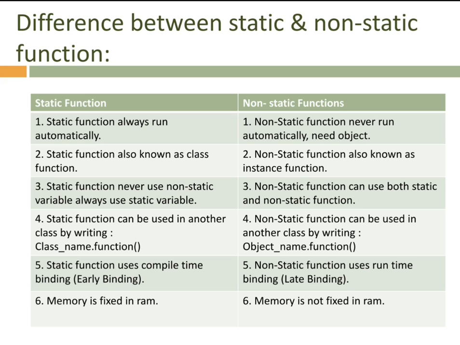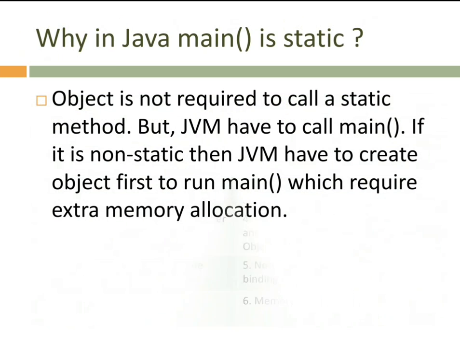For non-static functions, because we have to create a class object and then the object is going to call that function, it is run during runtime. That's why it is late binding. And I told you earlier that a static function has fixed memory in RAM and a non-static function doesn't have any fixed memory in RAM. In this way, you have the difference in front of you.